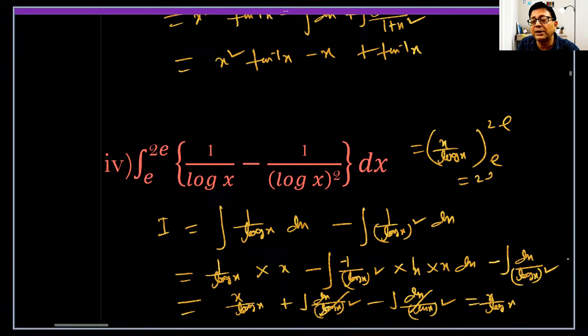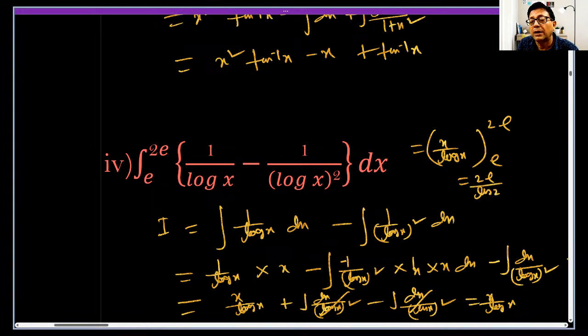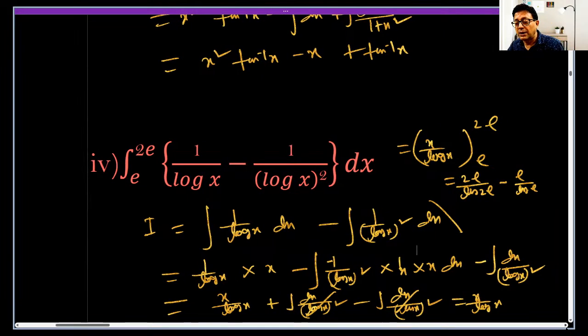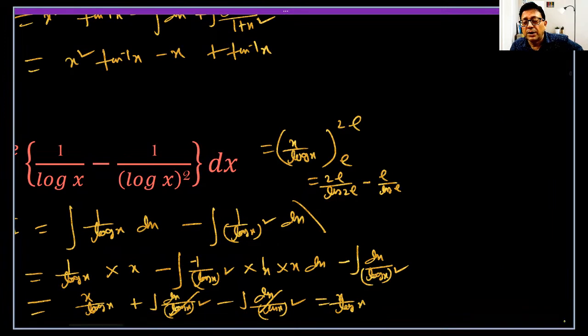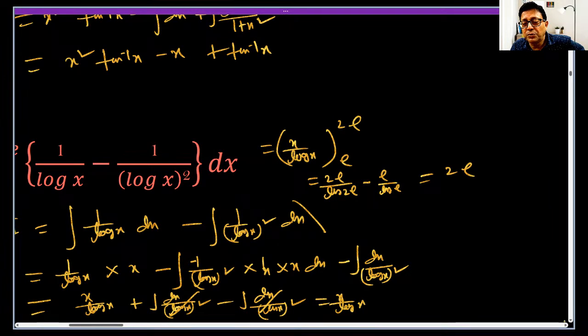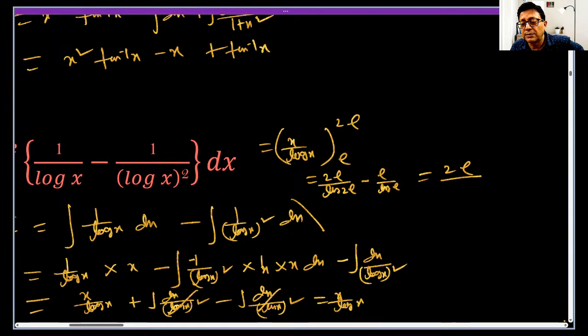Put x equal to 2e. Then put x equal to e. e by log of e. Done. Just upper limit minus lower limit. Okay. So you write 2e by log 2e is what?